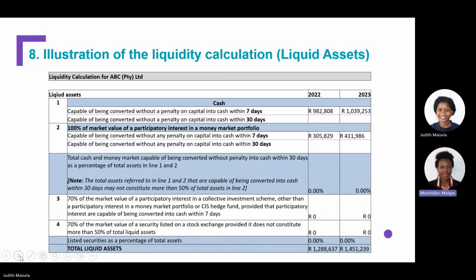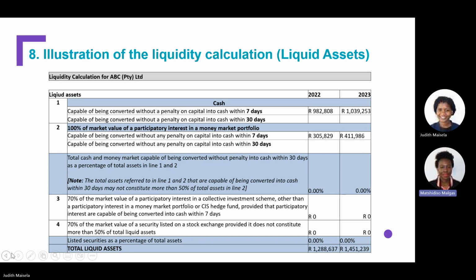The slide then will be looking at an example, as previously Judith took us through the different definitions in the fit and proper requirements and where each definition fits. This slide displays how the liquid assets are calculated. From what we can see on this slide, from row one is cash. So what is considered to be cash in the calculation of liquid assets?